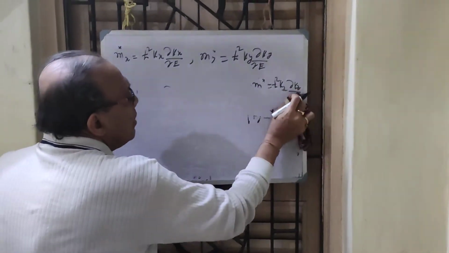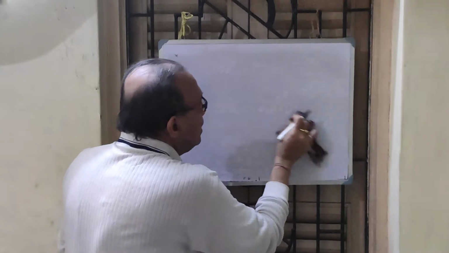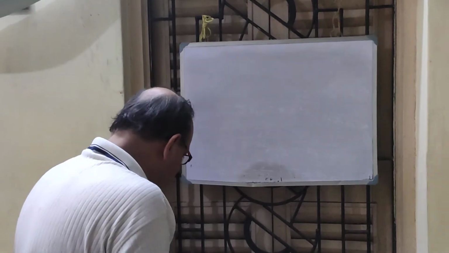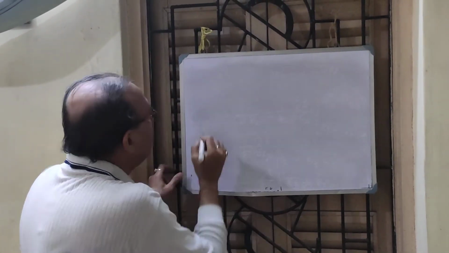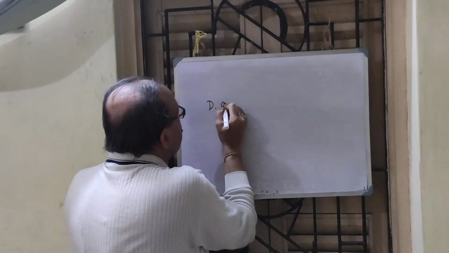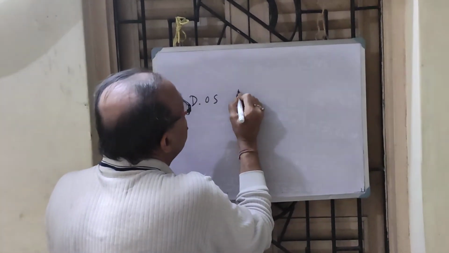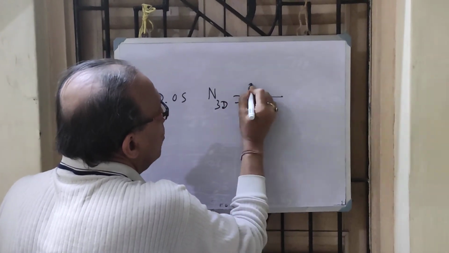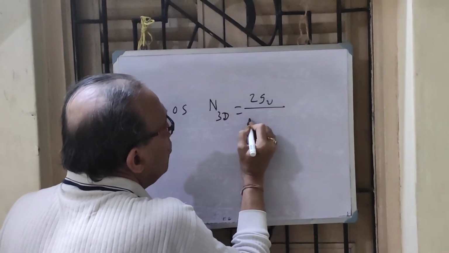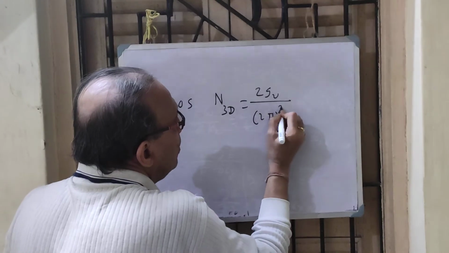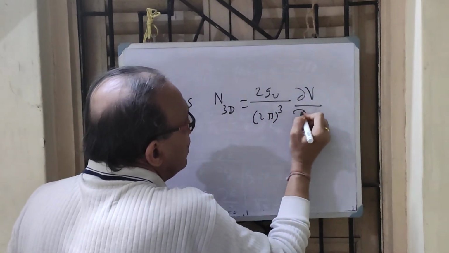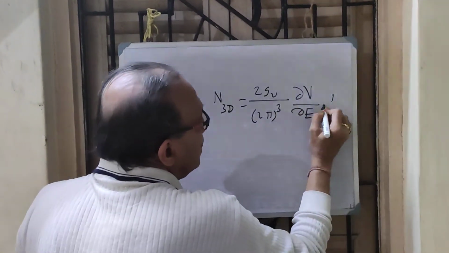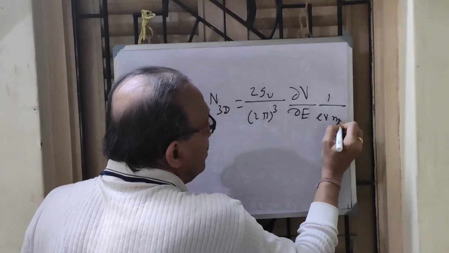Second, very important electronic property is, as I often tell and you also know, density of state function DOS. DOS in 3D is nothing but, as I have told you, 2 by 2 pi whole cube dV by dE, where unit is 1 by eV meter cube.